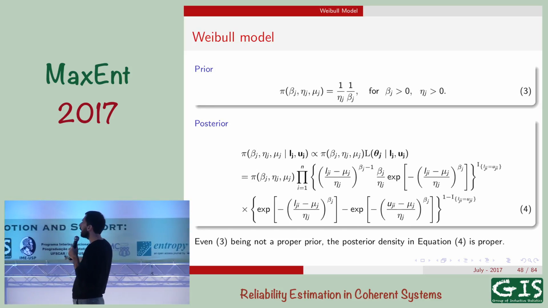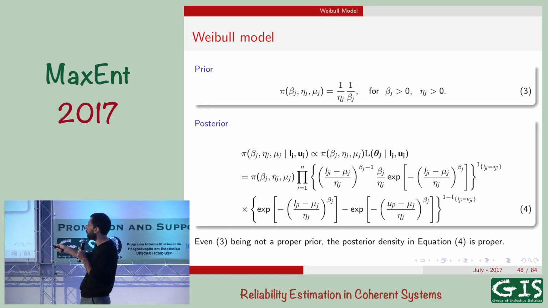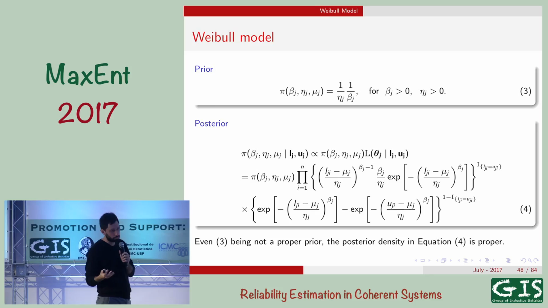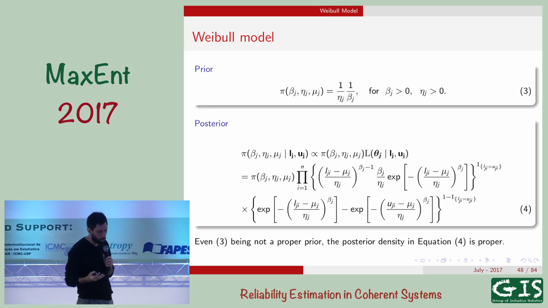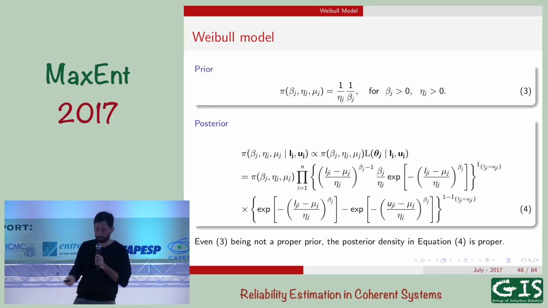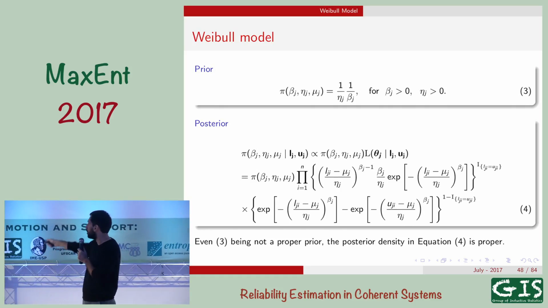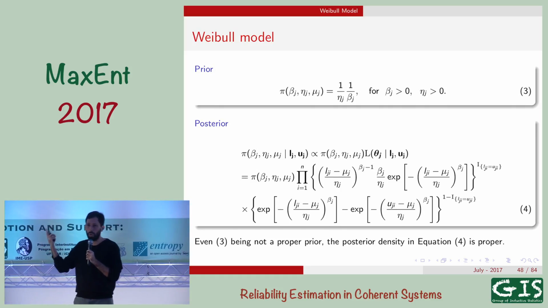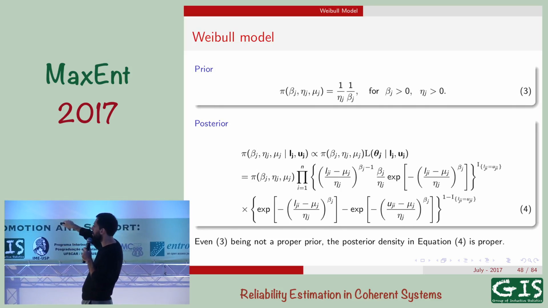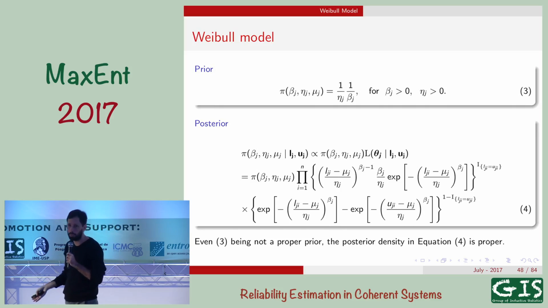And here we have now a little discussion about the prior inside this model. There is, in some way, another advantage of the Weibull model. We can show that if we take a prior like this, and this is an improper prior, it does not integrate to 1, in some way it is a non-informative prior, but with a prior of this structure, we can show that the posterior, which here is just proportional, is a proper posterior.